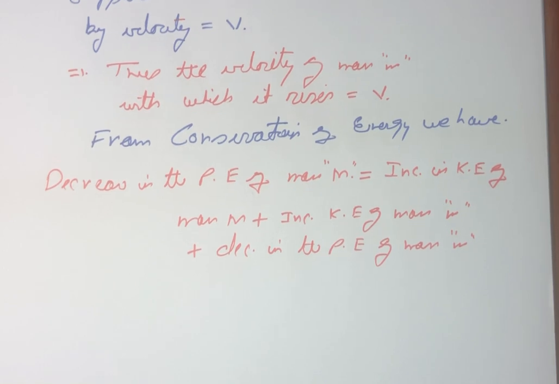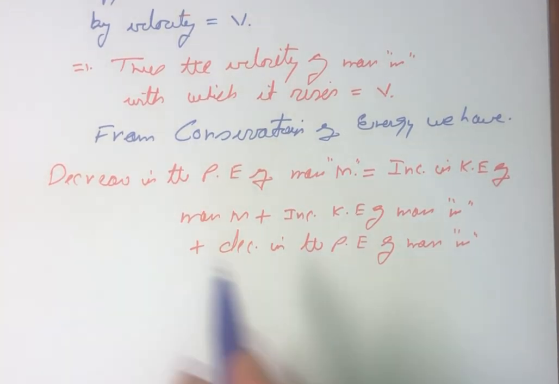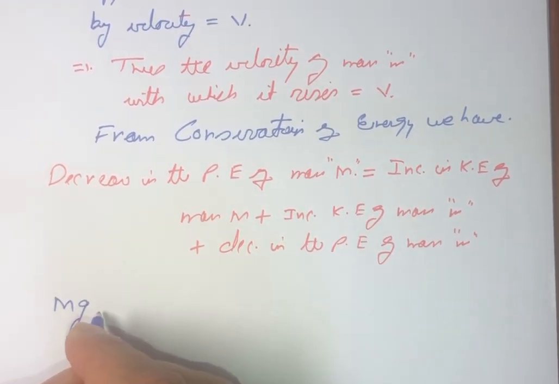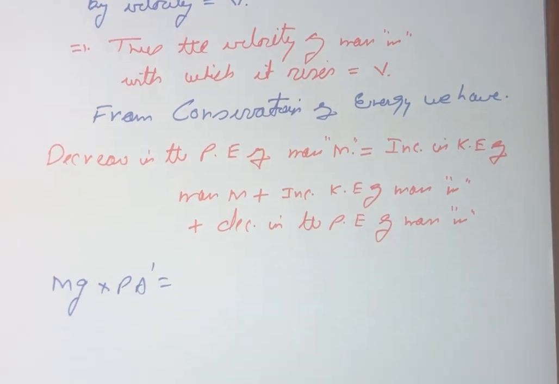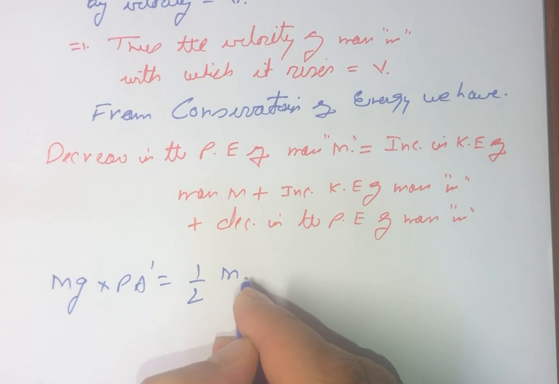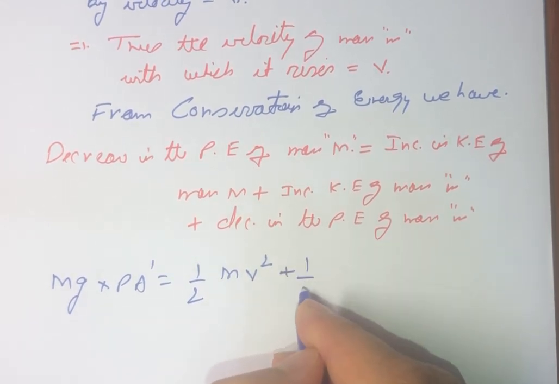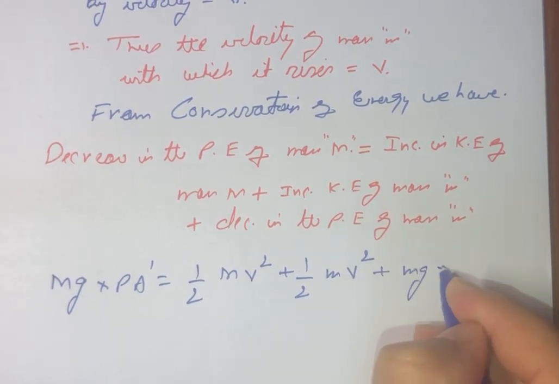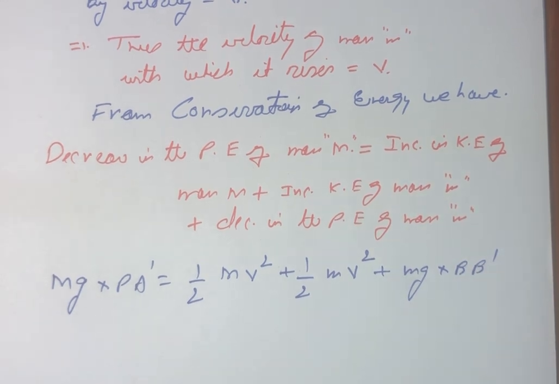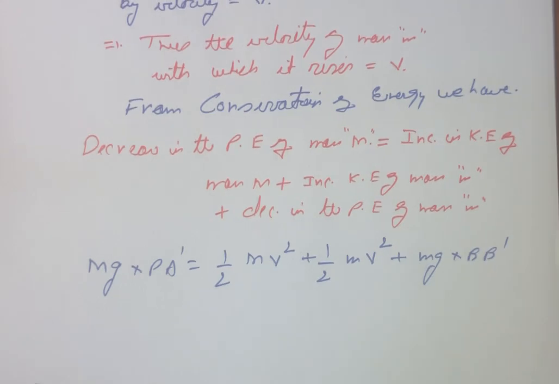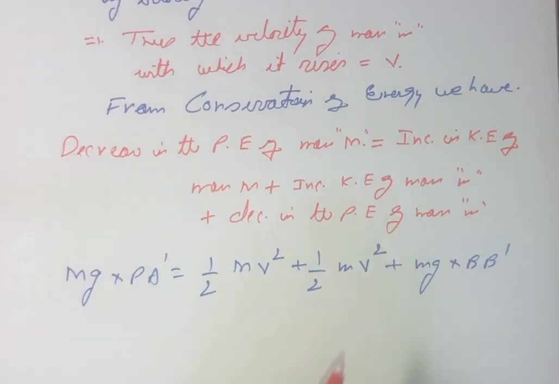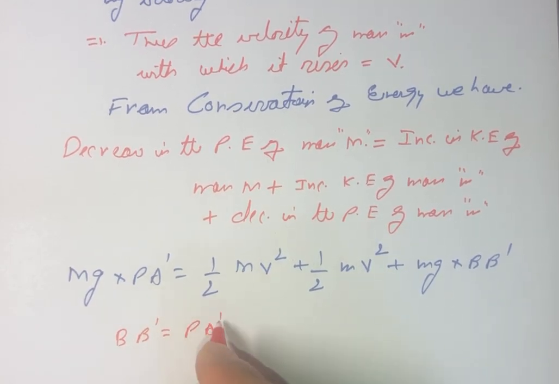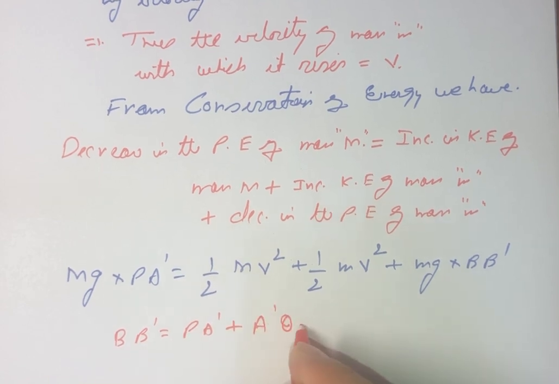Now if we substitute the relevant values, capital Mg multiplied by PA prime is equal to half M V square plus half small m V square plus small mg multiplied by BB prime, and we can find out BB prime. BB prime will be equal to PA prime plus A prime Q minus PQ.